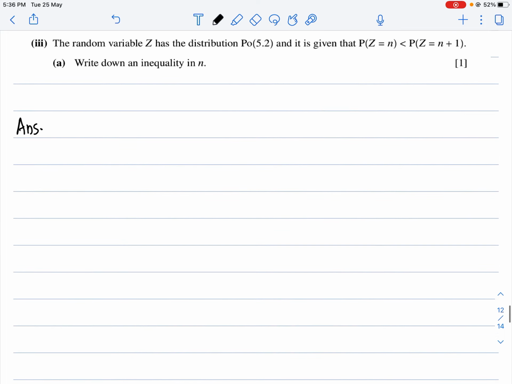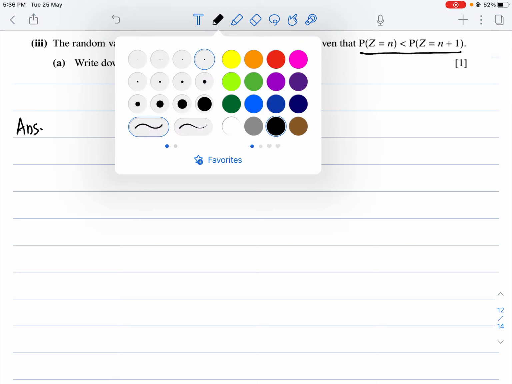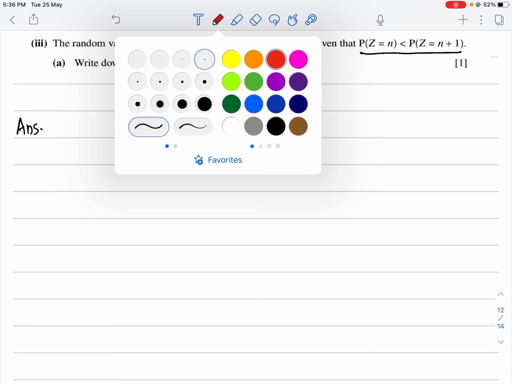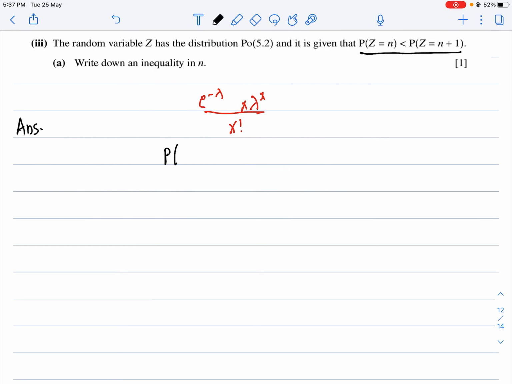Now the random variable z has a distribution Poisson of 5.2, and they have given us an inequality. Okay, so we know the formula again, which is e raised to minus lambda into lambda raised to x over x factorial. So now I can basically write this as p of z equals to n, which is less than p of z equals to n plus 1.